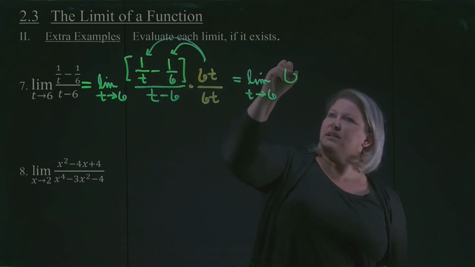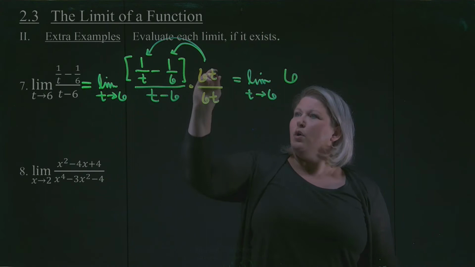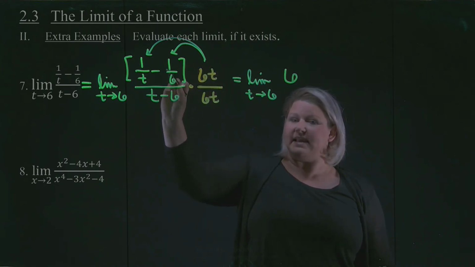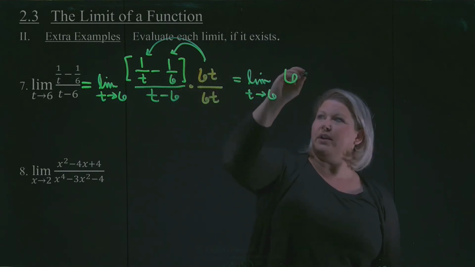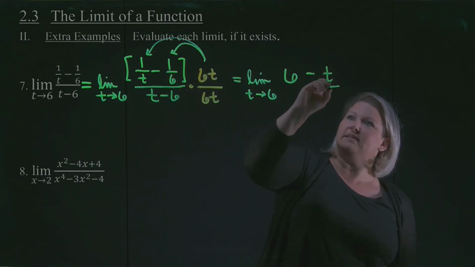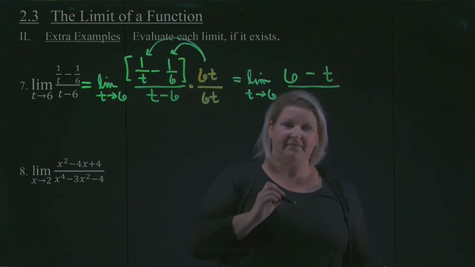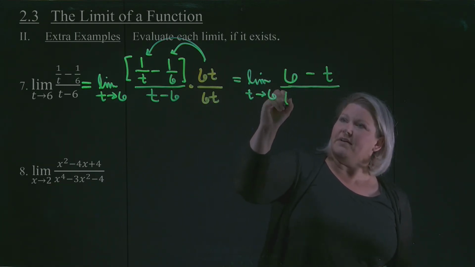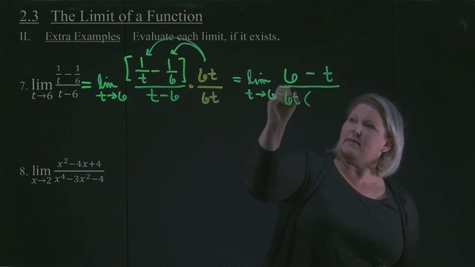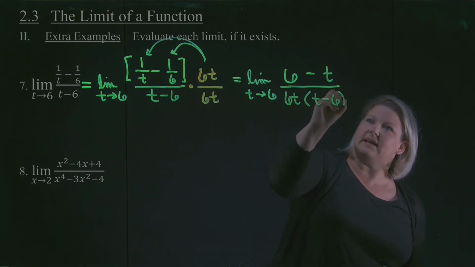So this is just going to give me 6 times 1. When I multiply it by the second one, the 6's cancel and it's going to be t times the numerator. So this is going to end up as 6 minus t. In the denominator, I'm going to end up with 6t times the t minus 6.